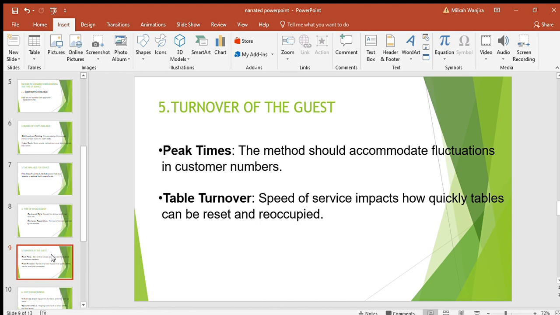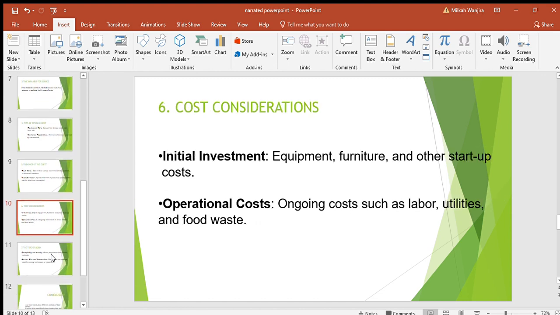Exactly, that is correct. So when you have a large turnover of guests, you would rather go with a faster method that will serve the guests very fast so that they don't stay for a longer time without the service. For instance, a buffet. A buffet is a type of food service method that is faster than a plate service.